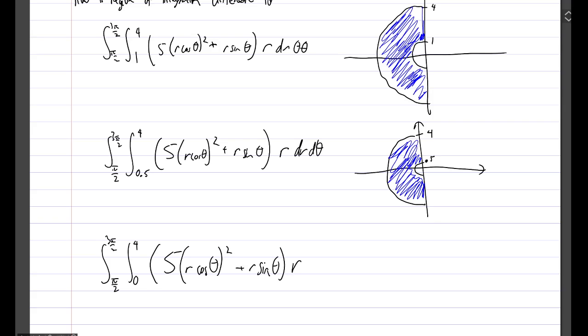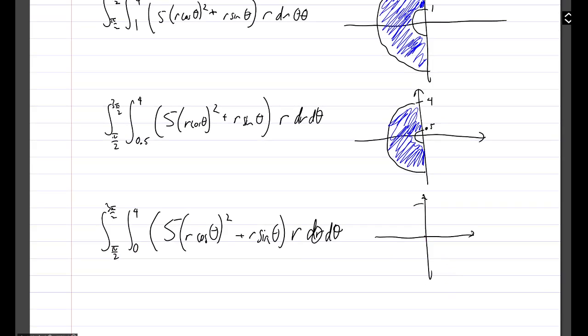But let me copy this part all the same: r dr d theta. So now we're saying that the r value of the polar coordinate starts at 0. Well, that means the inner circle has radius 0 now. It's just the point at the origin. We only have the circle of radius 4, and so we have this over here.